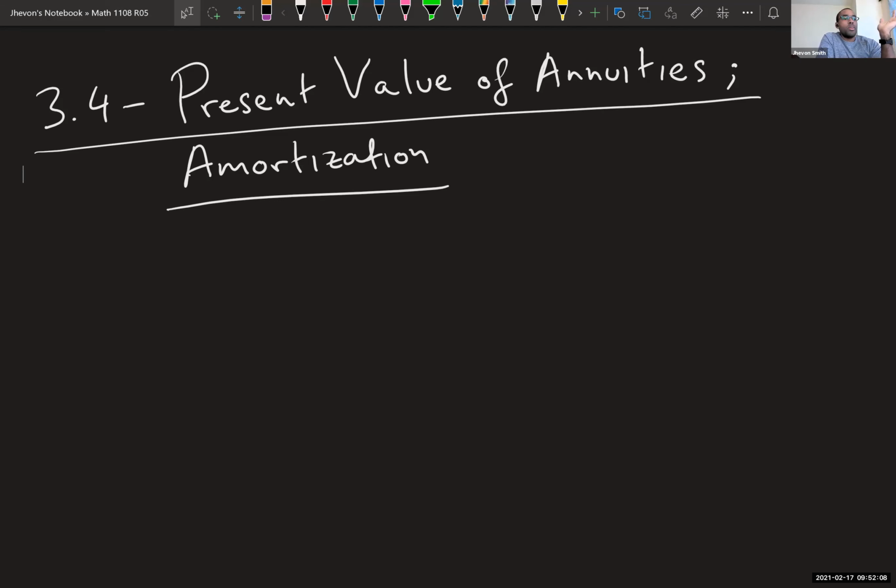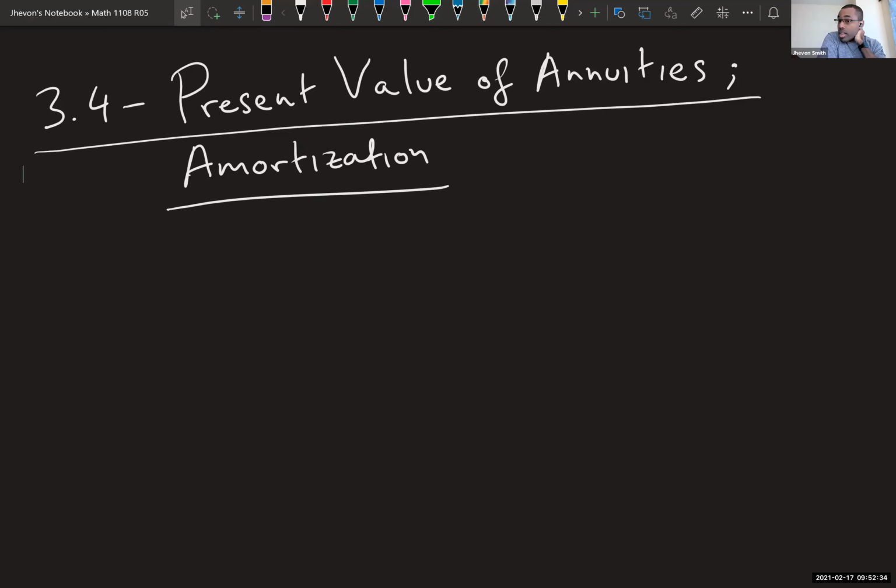What value do I need in an account now, in the present value, so that I can get payments from that account? So instead of me making payments to save up to some future value, I want to know what is the present value I need in order to receive payments until some point in the future.